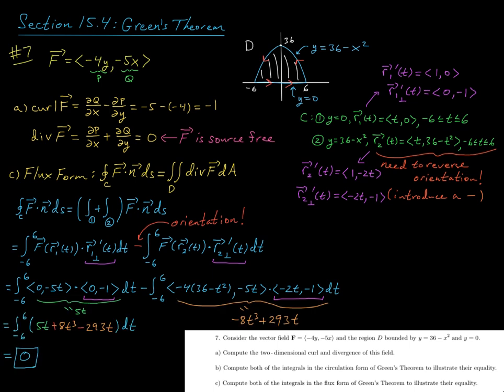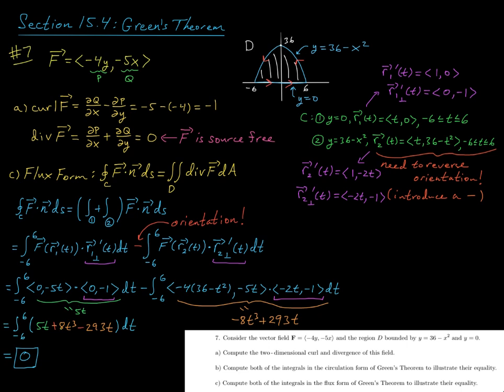And so then if you crank out these dot products, a little messier, we get 5t from this, and then a -8t cubed plus 293t from this part. And keeping in mind that there is this minus in front of this integral, when you combine those, you wind up getting this. I could, of course, combine the t's, but I'm just writing it this way to emphasize you're getting this contribution and this contribution.